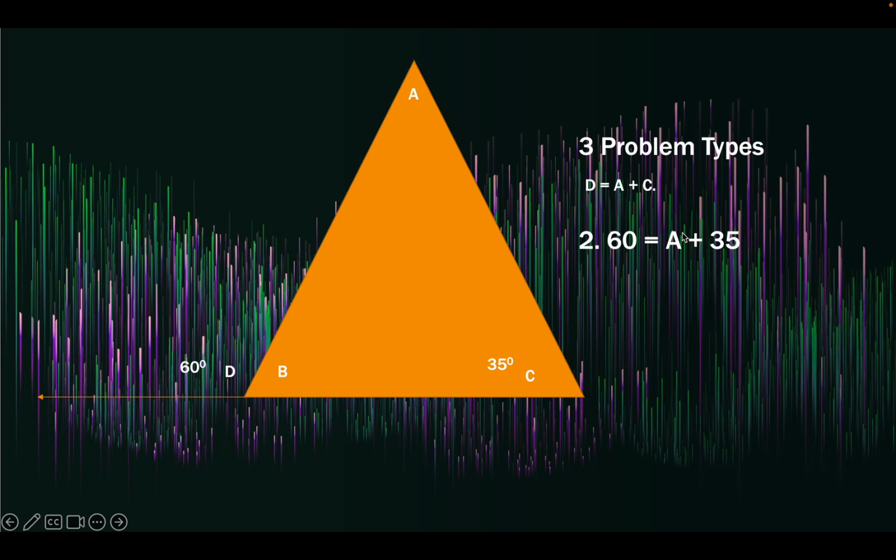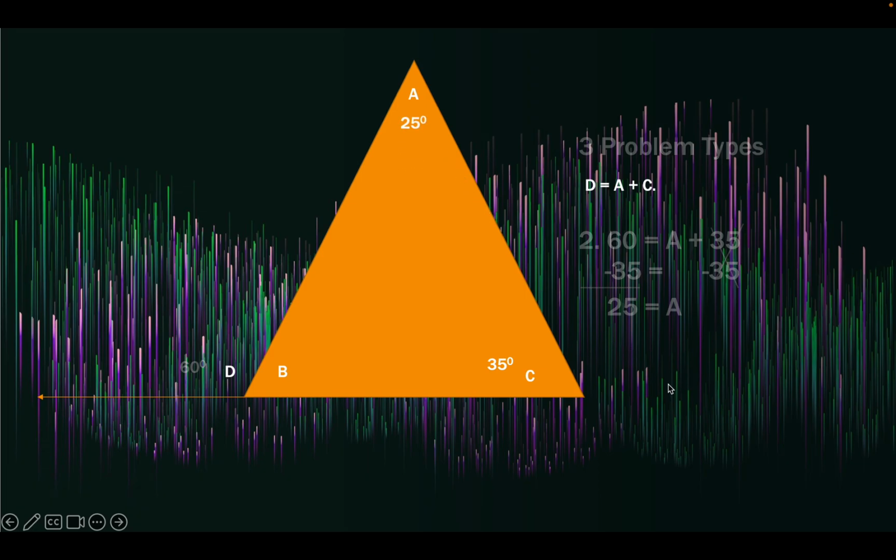I got to get this A by itself so I can solve for it. So I'm going to subtract 35 from both sides. That gets rid of the 35 here. When I take this positive 60 and I subtract that 35, that gives me A equals 25. That one equals 25 up there.